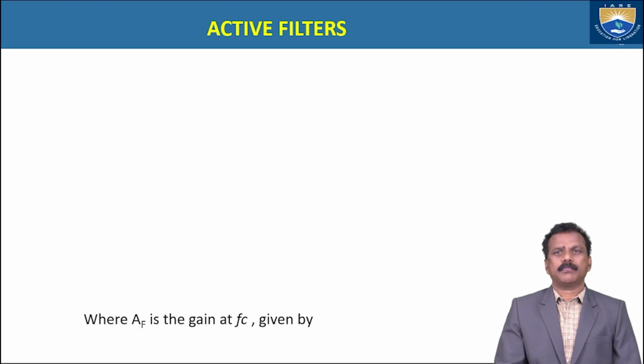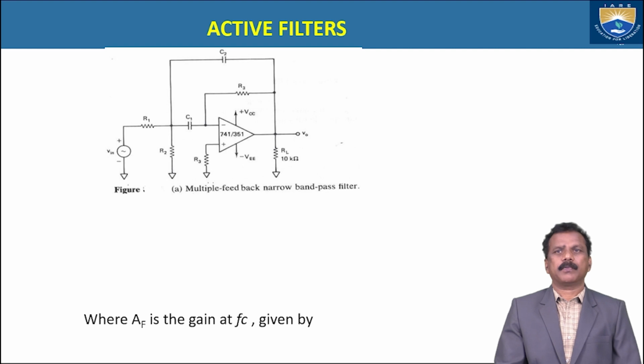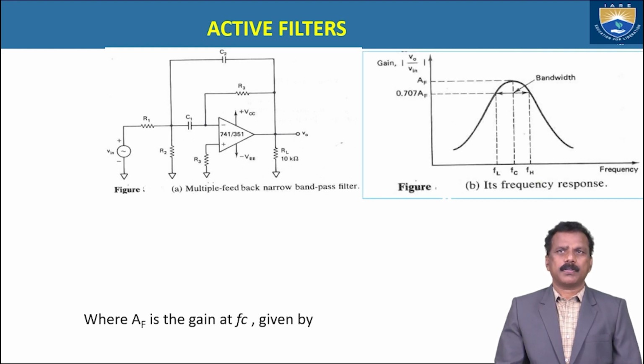AF is the gain, and the frequency is given for the multiple feedback narrowband pass filter. This is the output response: frequency versus gain, output voltage by Vin.